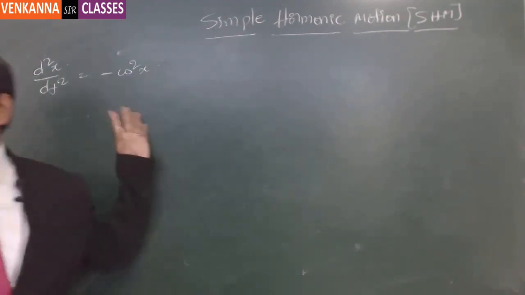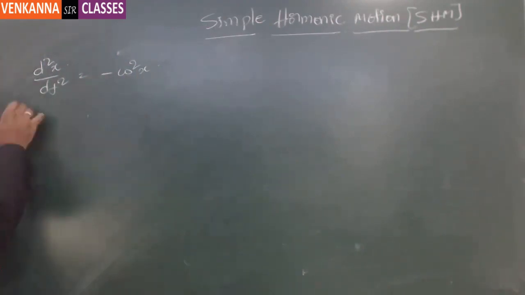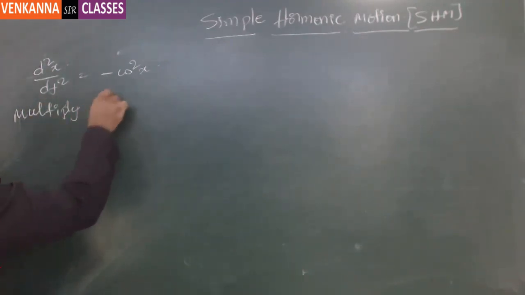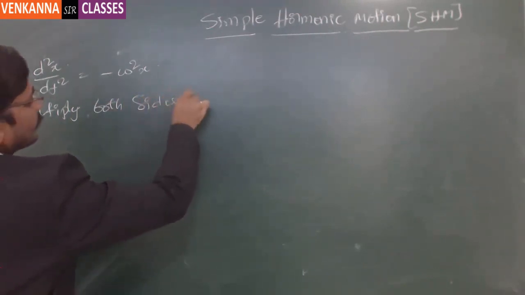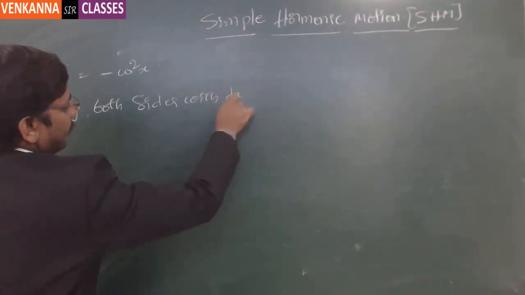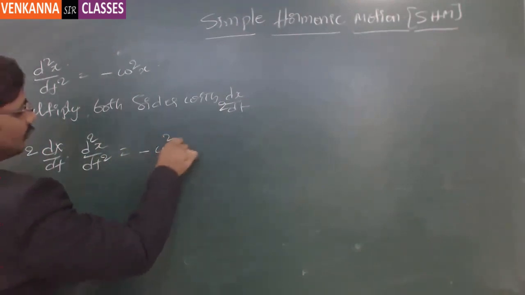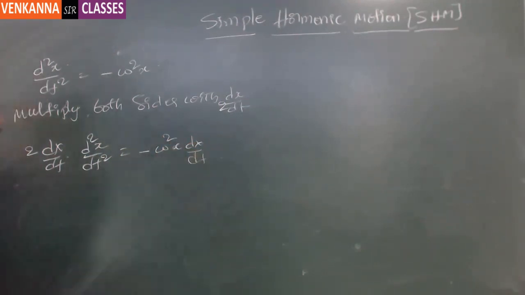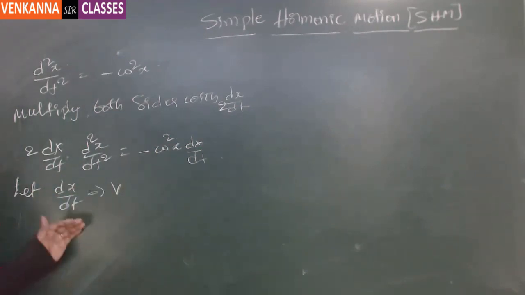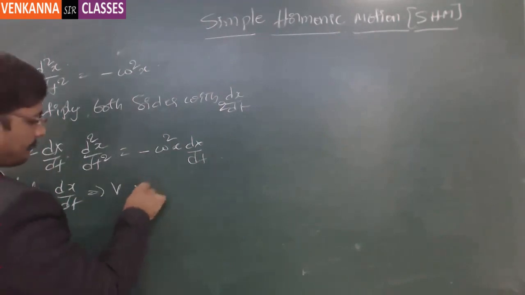To solve this differential equation, we will be multiplying both sides with 2 times dx by dt. So 2 times dx by dt on either sides, into d square x by dt square is equal to minus of omega square x into dx by dt. Now let dx by dt equal to v, which is the rate of change of displacement, called the velocity.